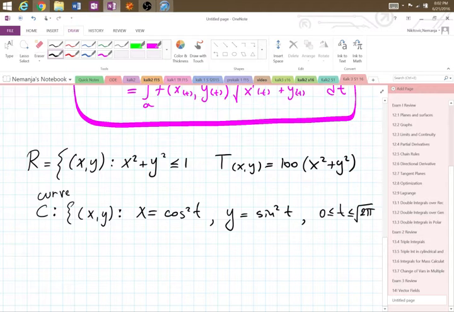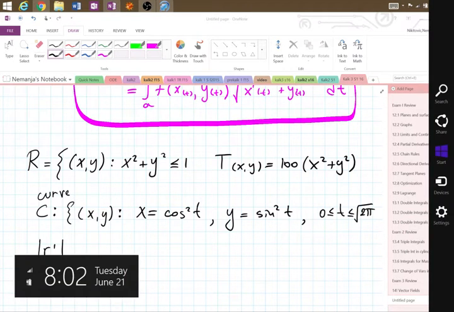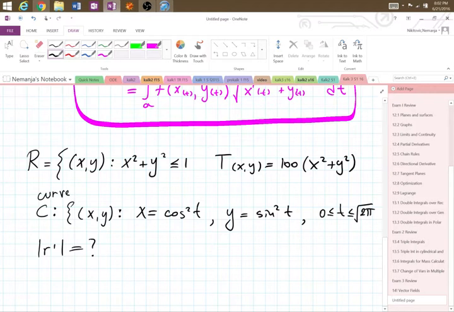So what are we going to do now? Well, let's figure out first the r prime. So what's r prime? Well, first, what's r? R is your parametrization. Parametrization is given as cosine squared t, sine squared t. So what's r prime then?